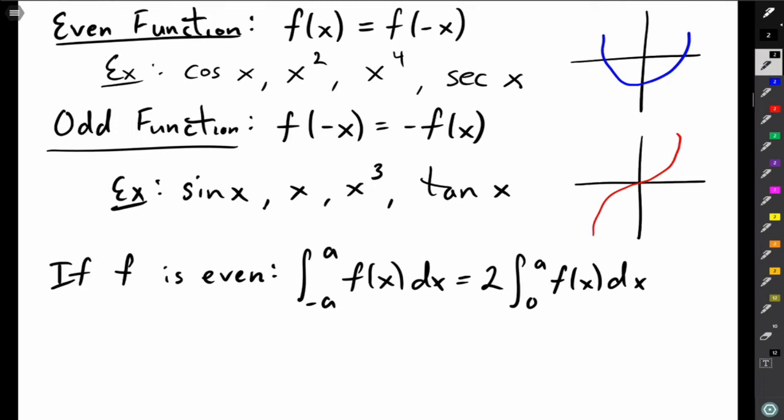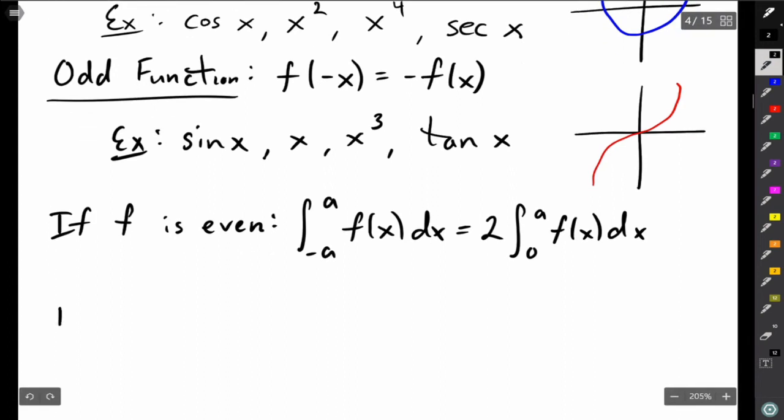Now, if we look at an odd function, any negative area we have over here on the left turns into positive area over here. Likewise, if there were any negative area on the right, it would turn into positive area on the left.